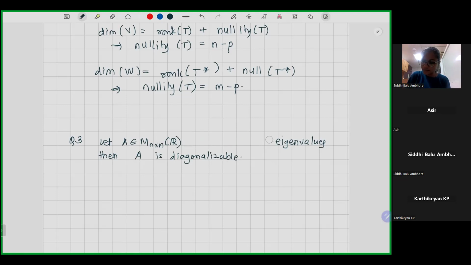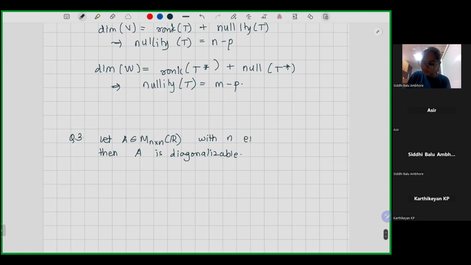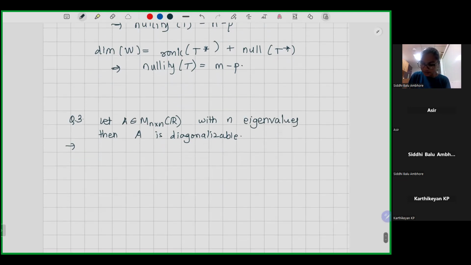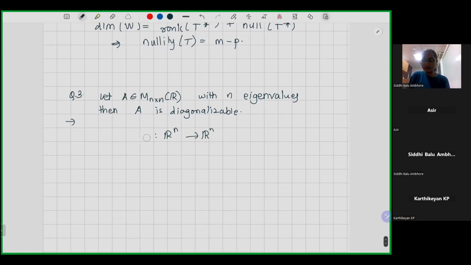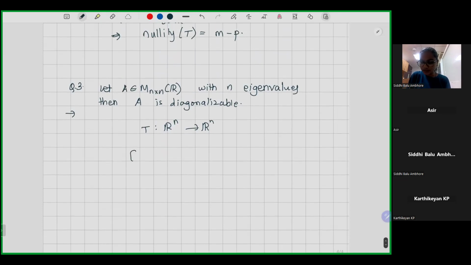Can someone say whether this holds with n eigenvalues? What this is, so that we can take T from Rn to Rn such that the matrix of T from beta to beta is A, or beta to gamma.